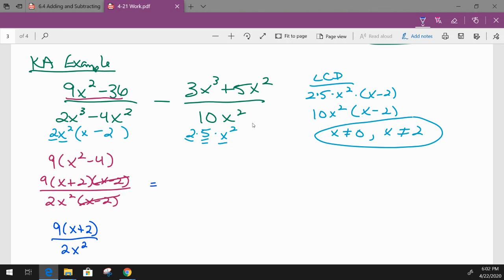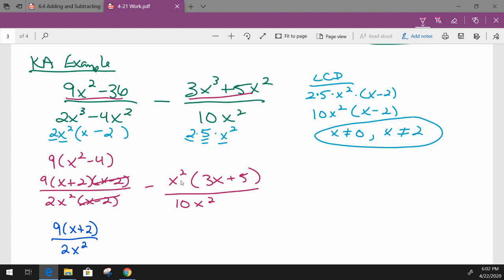So if I look, I bring down my minus at my numerator here, you can see that both terms have an x squared that I can factor out, which will give me 3x plus 5 in parentheses. And then over, I'm just going to multiply that back together, the 10x squared.